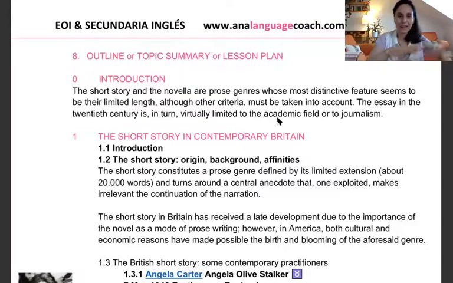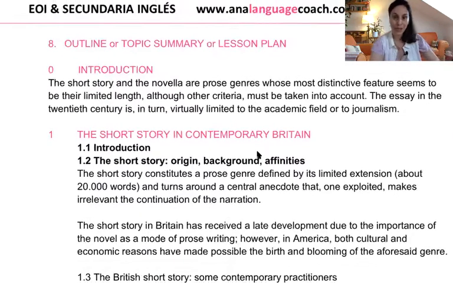The short story and the novella are prose genres whose most distinctive feature seems to be their limited length, although other criteria must be taken into account. The essay in the 20th century is, in turn, virtually limited to the academic field or to journalism. That's the introduction for you to refresh the unit.